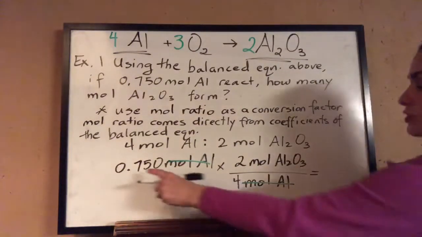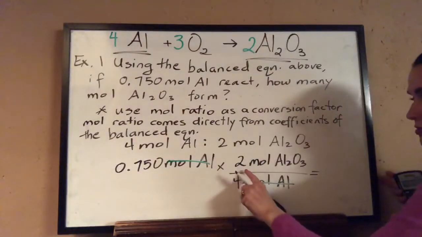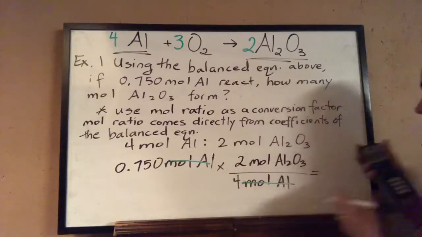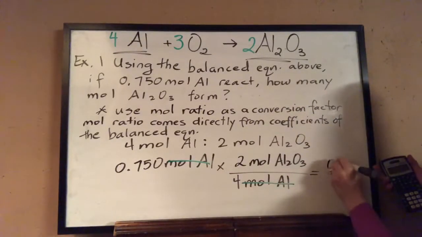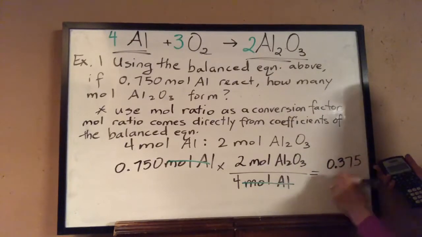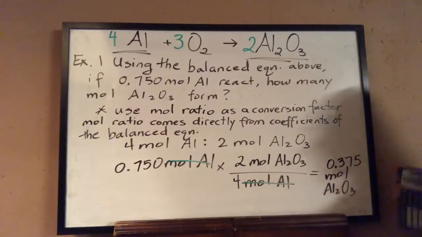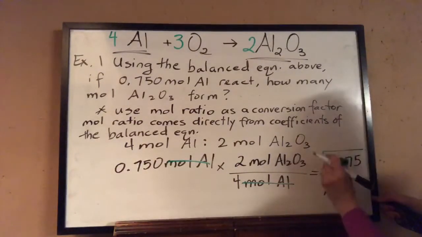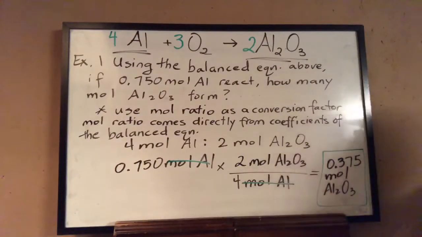Okay, so 0.750 times 2, that answer divided by 4, or you could reduce that to 1/2, okay? Your final answer, regardless, should come out to 0.375 moles of aluminum oxide, okay? This is your final answer, okay?